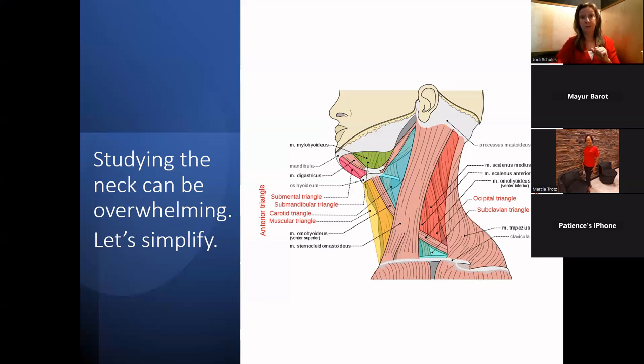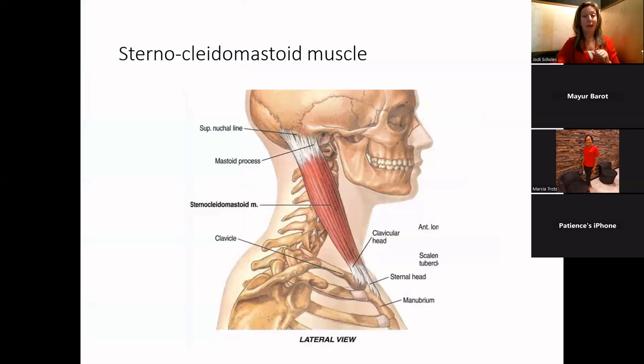for the MBLEx. A biggie, you guys. SCM. I hope that this one looks familiar. This is the muscle that when you turn your neck, pops out right here. The sternocleidomastoid muscle. You can see here that it attaches right behind the ear.